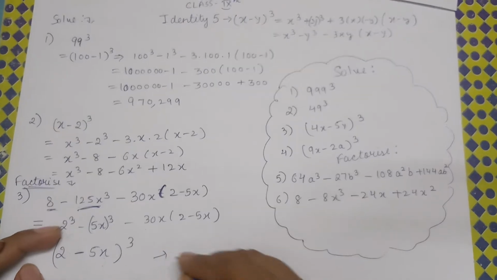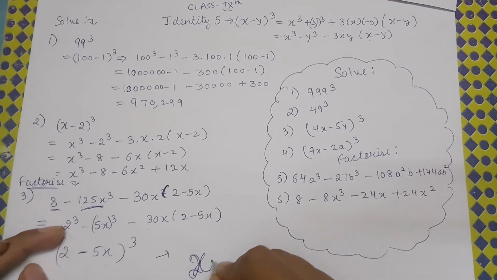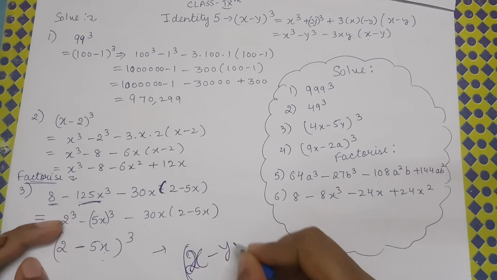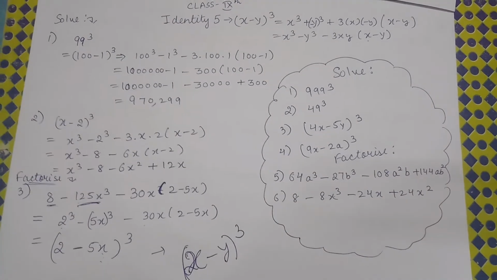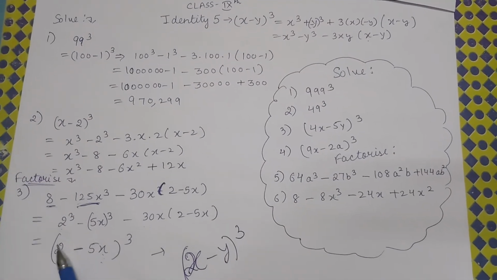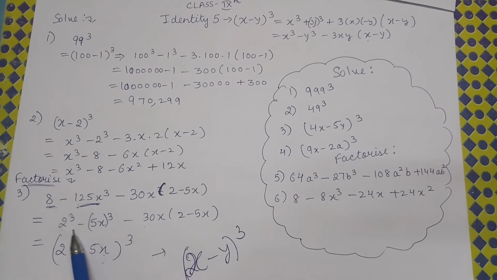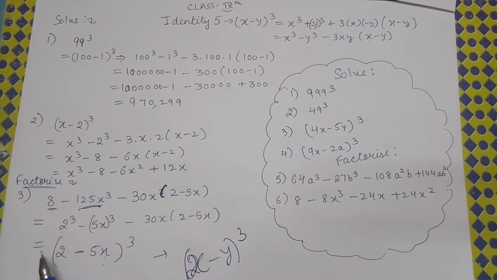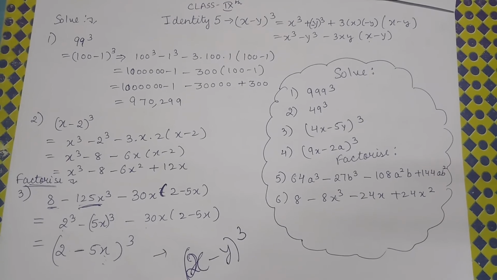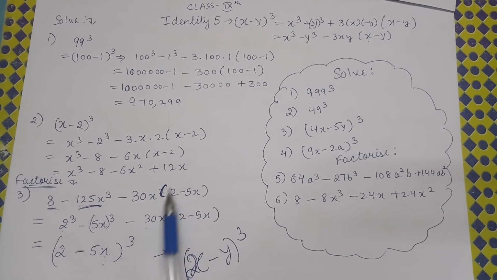We have to form this in the form of (x − y) whole cube. In place of x we have 2, in place of y we have 5x. All the signs are negative, so we get the formula of the negative identity (2 − 5x) whole cube. This is the factorized form of this term.